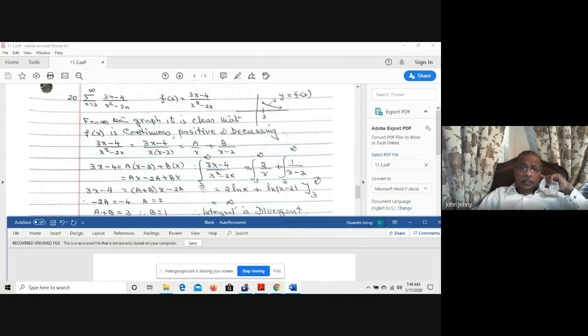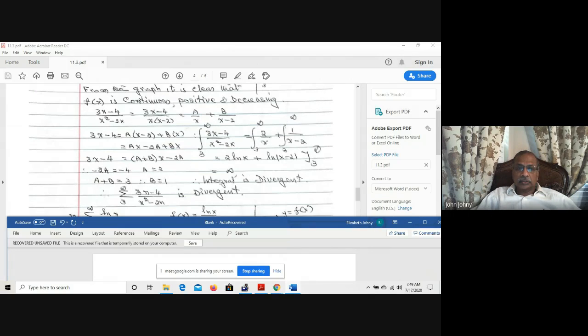So the integral from 3 to infinity of (3x minus 4) divided by (x squared minus 2x) dx is equal to the integral from 3 to infinity of 2 over x dx plus the integral from 3 to infinity of 1 over (x minus 2) dx, that is 2 times natural log of x plus natural log of (x minus 2).